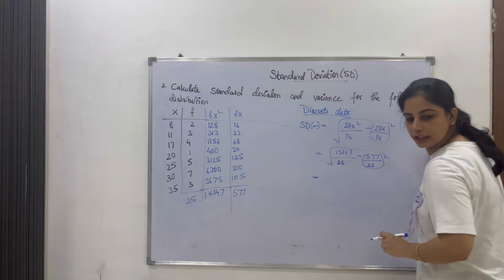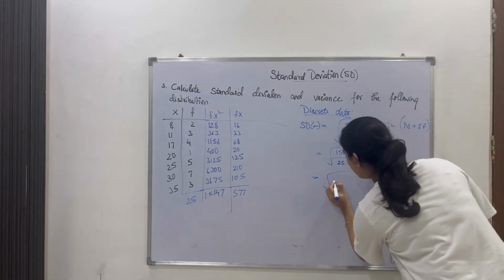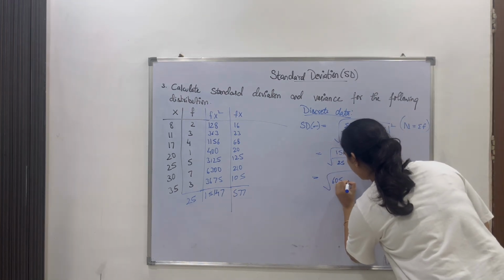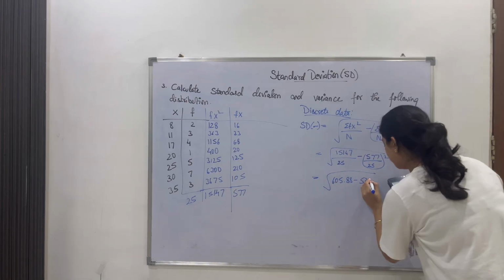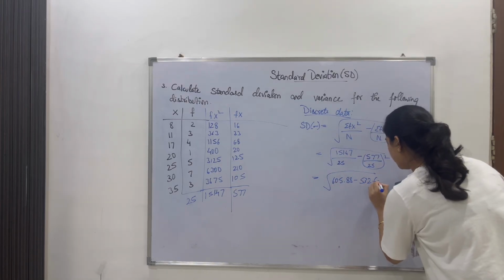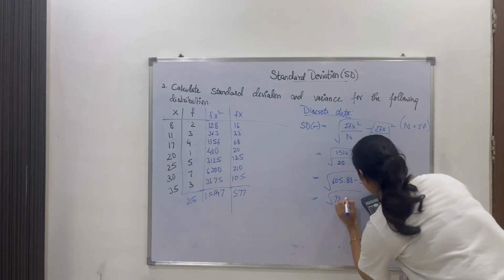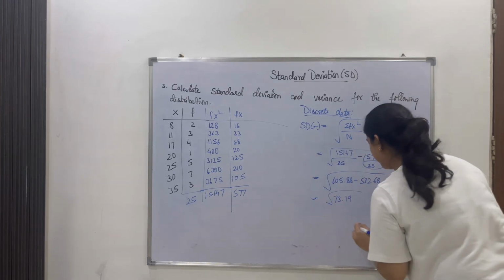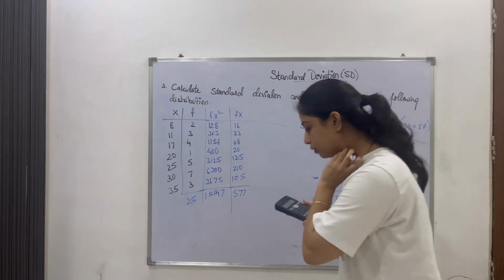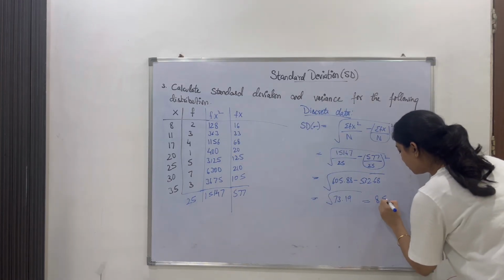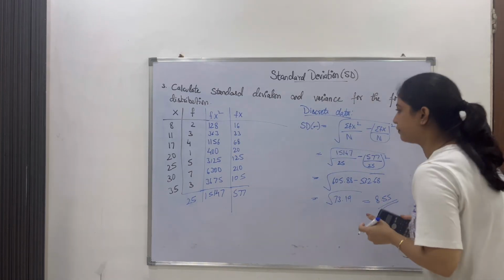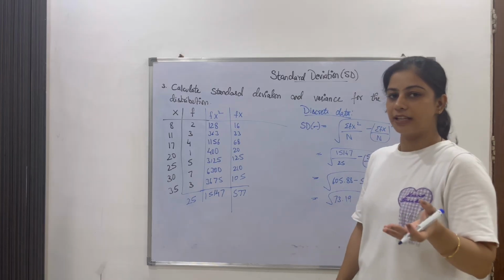So let's calculate the value for this. 605.88 minus 532.68. So let's subtract both the values. 73.19, and if you take the square root of this, 8.55. So this is the answer for standard deviation.